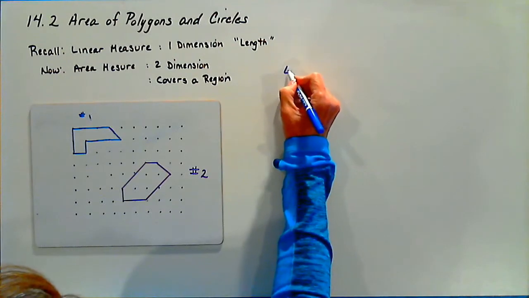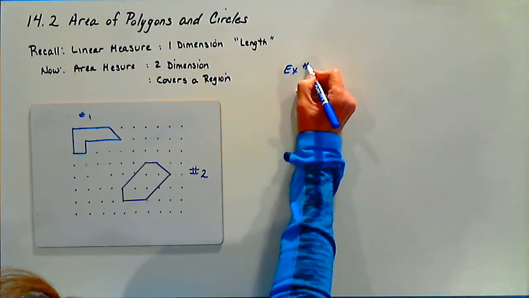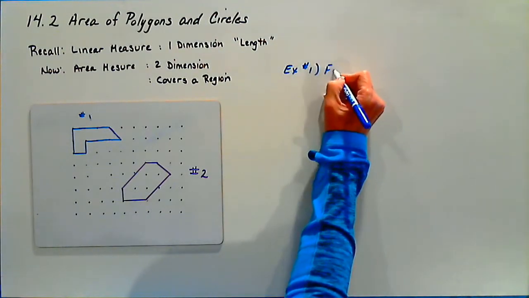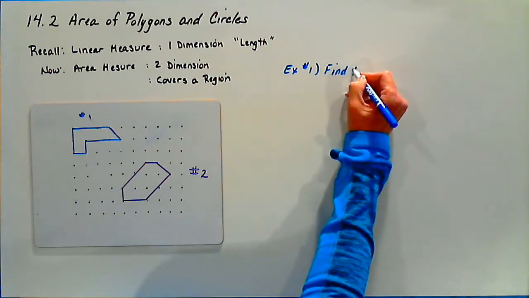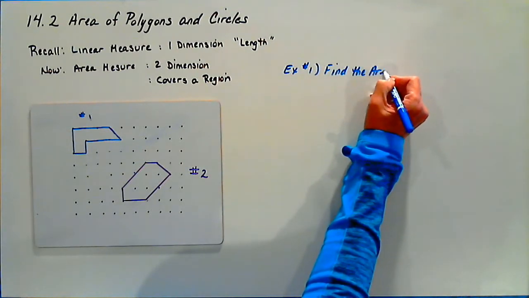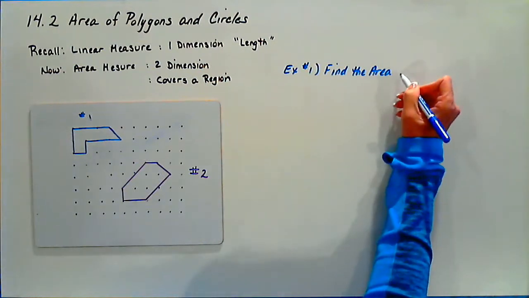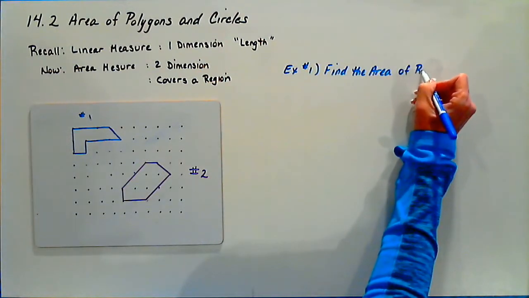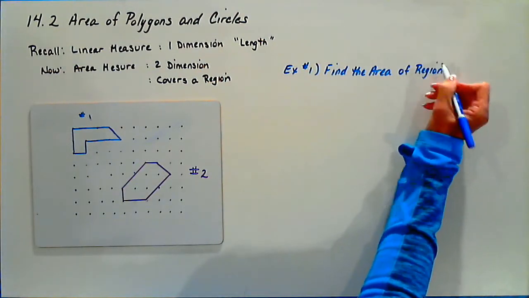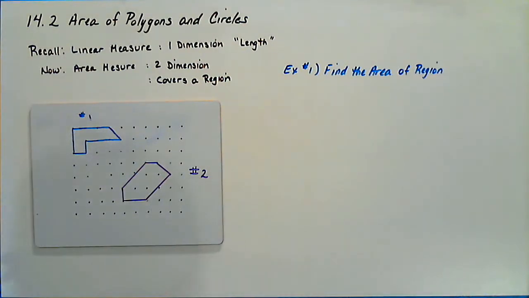We can visualize shapes that are familiar. If we look at example number 1, and we want to find the area of the region, we want to figure out how much space it covers. We can break this down into shapes that might be easier for students to see, and there are a lot of ways.